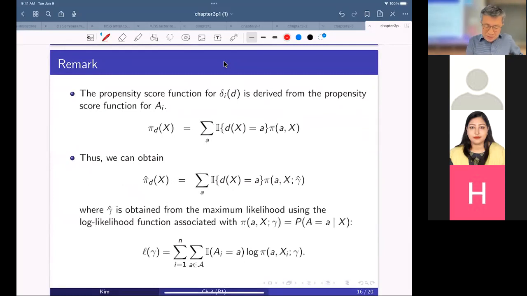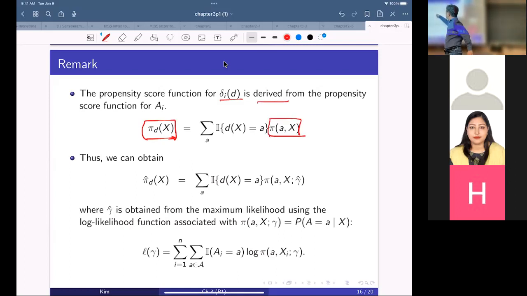So the propensity score function for delta D, which is this one, is derived from the propensity score function for A, which is pi A, right? This event occurs only once, so it's just a kind of mapping. It's not really doing a summation; you just choose the corresponding event.